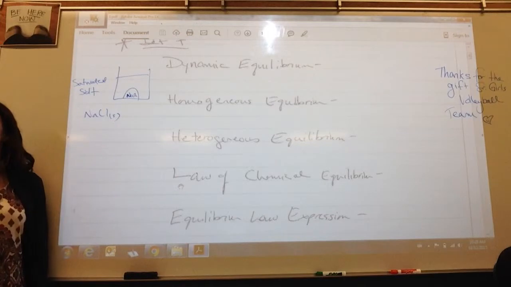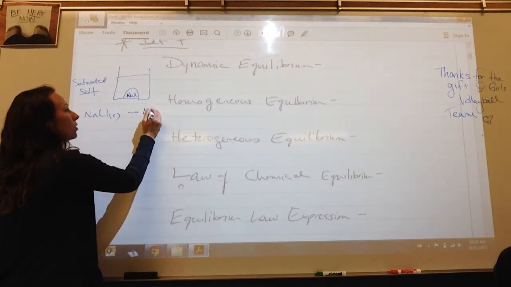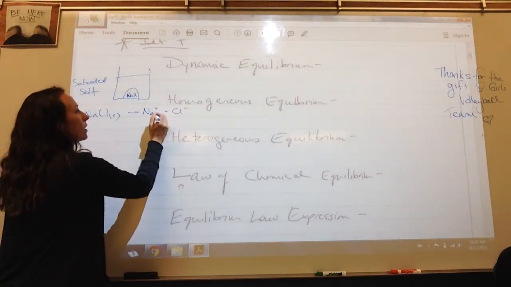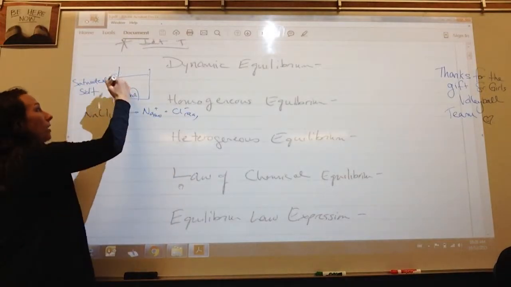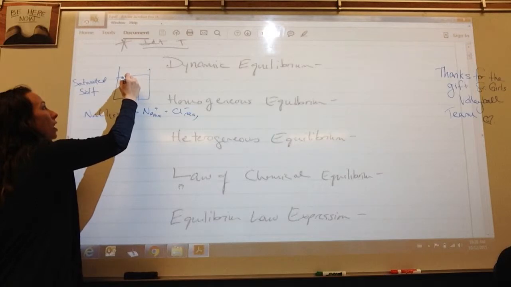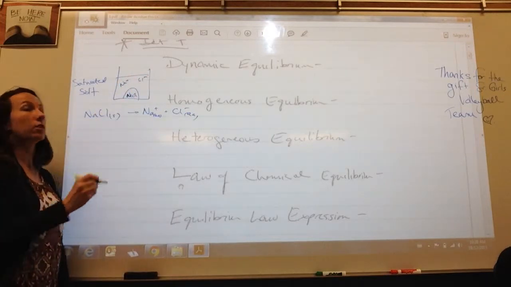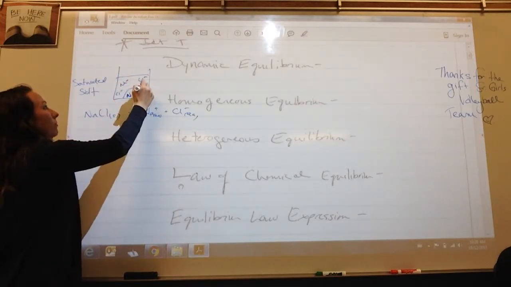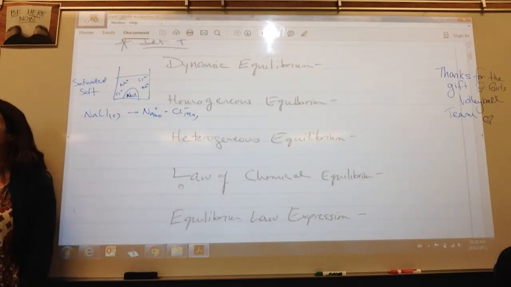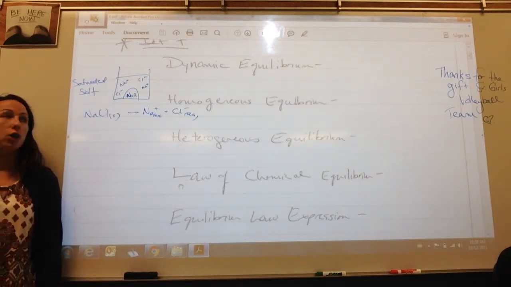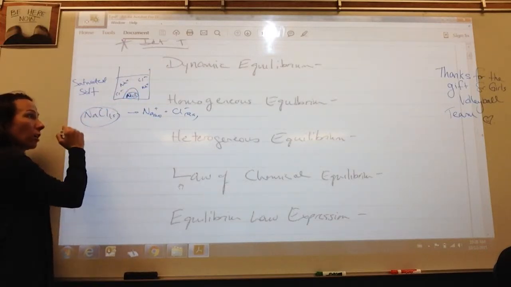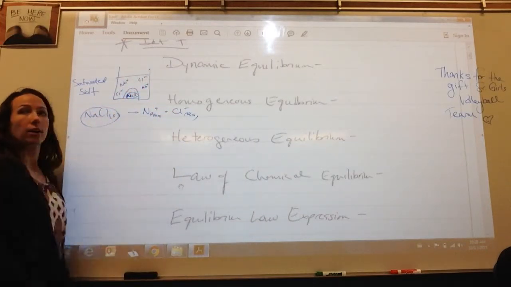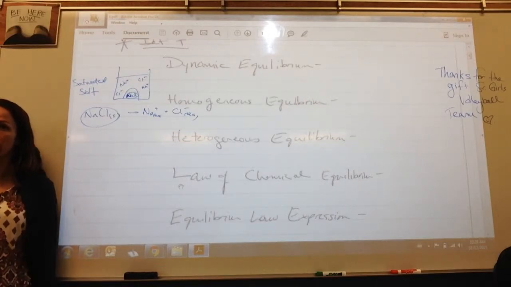But the bit that I put in when it dissolved went and turned into a dissociation of these two ions floating around. So if this is saturated, then in my solution I have Na pluses and Cl minuses. Lots of them. Everybody okay with that? So here I have some NaCl solid. Everybody get that?